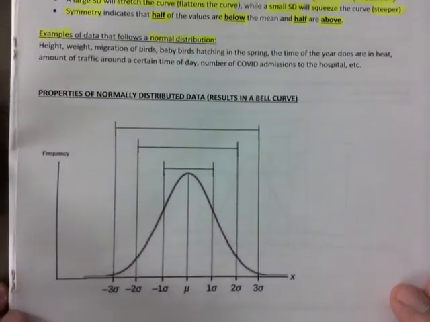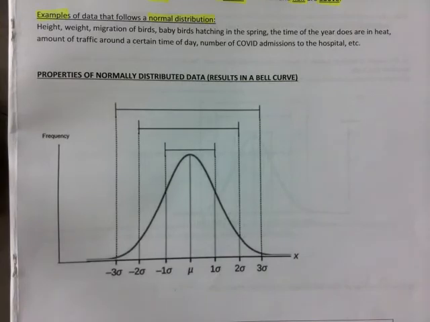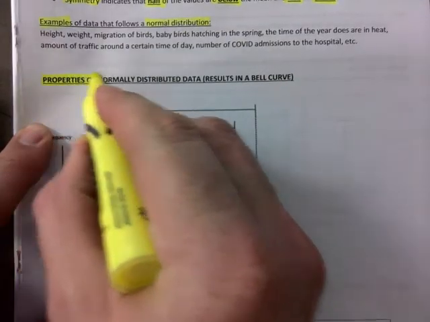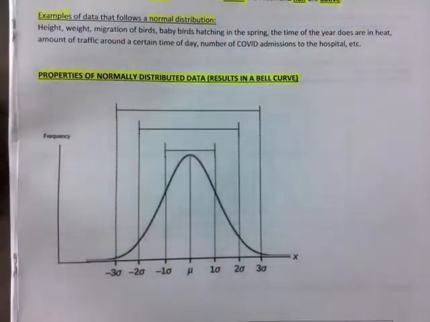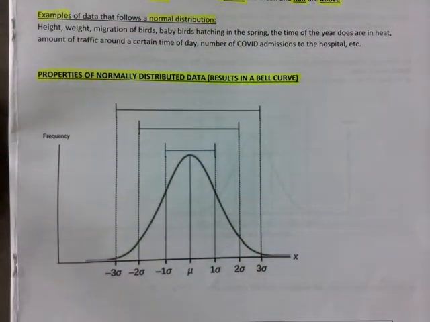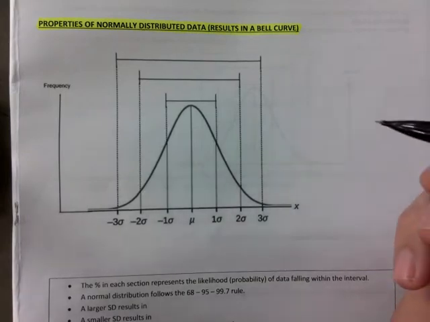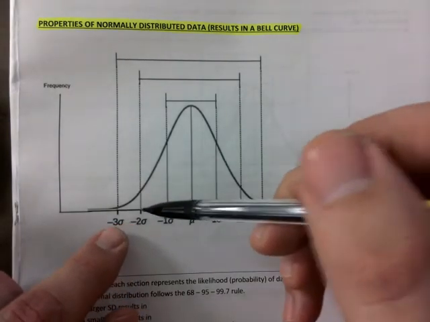So here's where you need to fill in a bunch of stuff. This is properties of normally distributed data, okay? Very important that you know that. And this is probably a study sheet entry. This curve right here, if you can make a smaller version of this, then I would strongly encourage you.